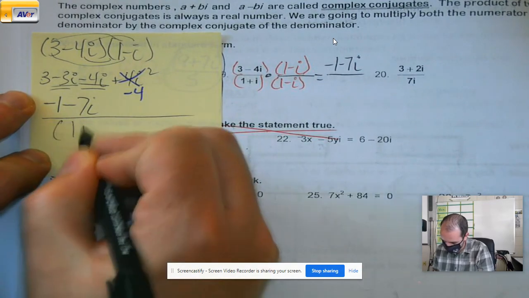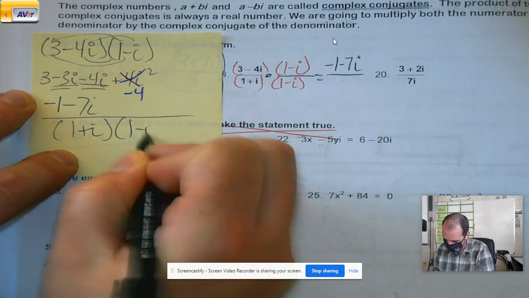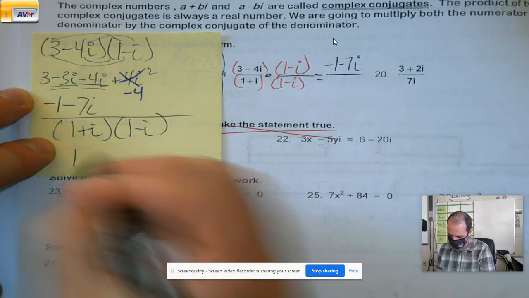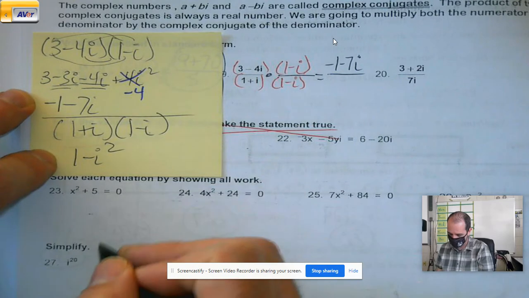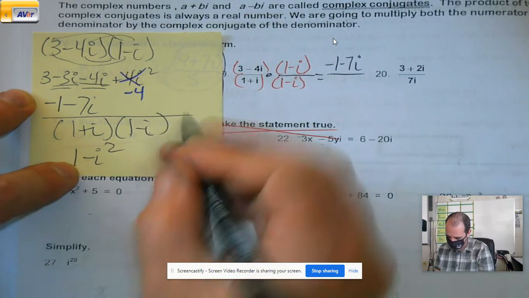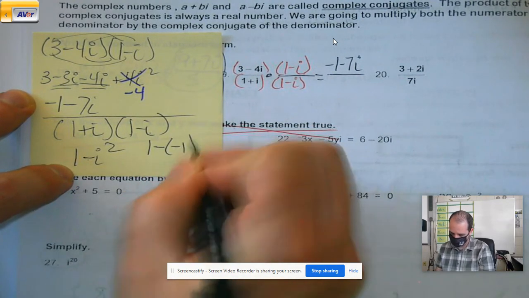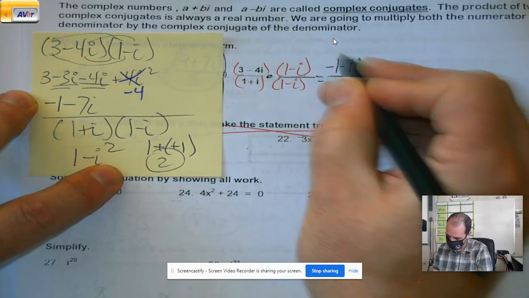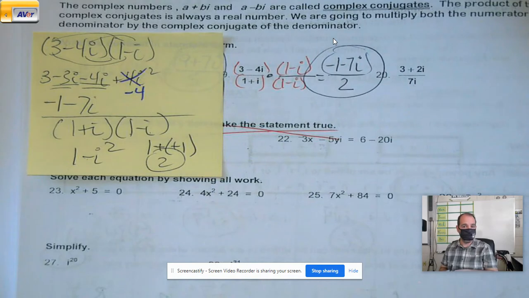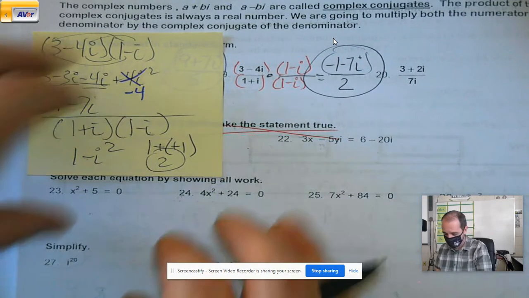But if I have 1 plus i, 1 minus i, really it's just 1 times 1 is 1. i times -i is -i squared. But what is it really? 1 minus -1, which is 2. And I'm good.